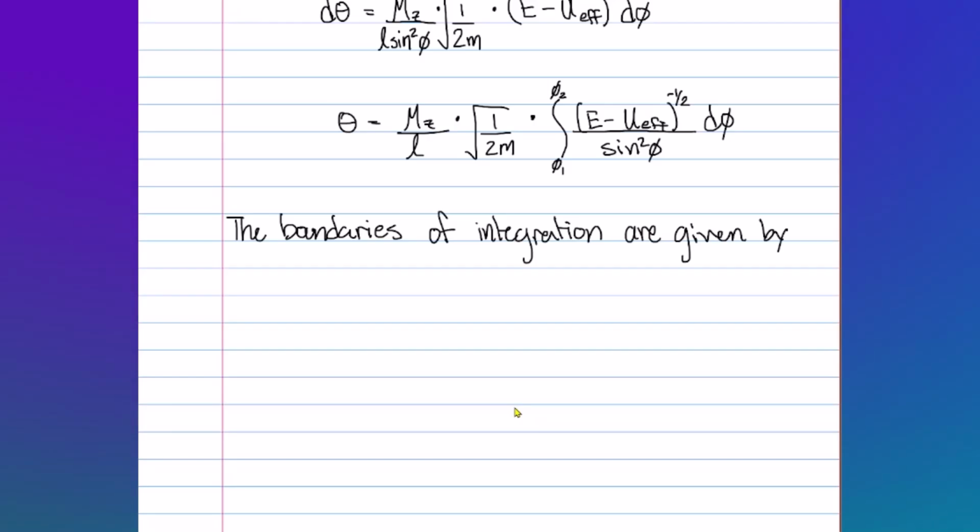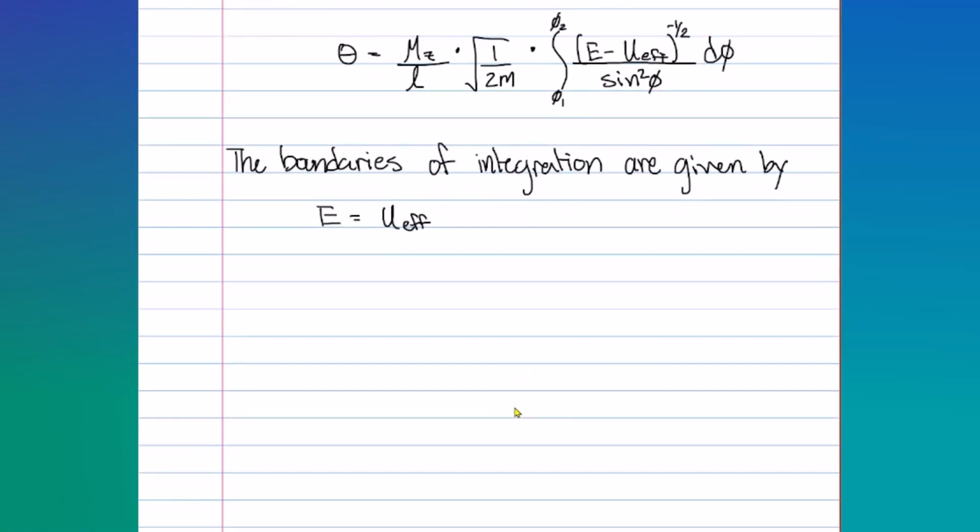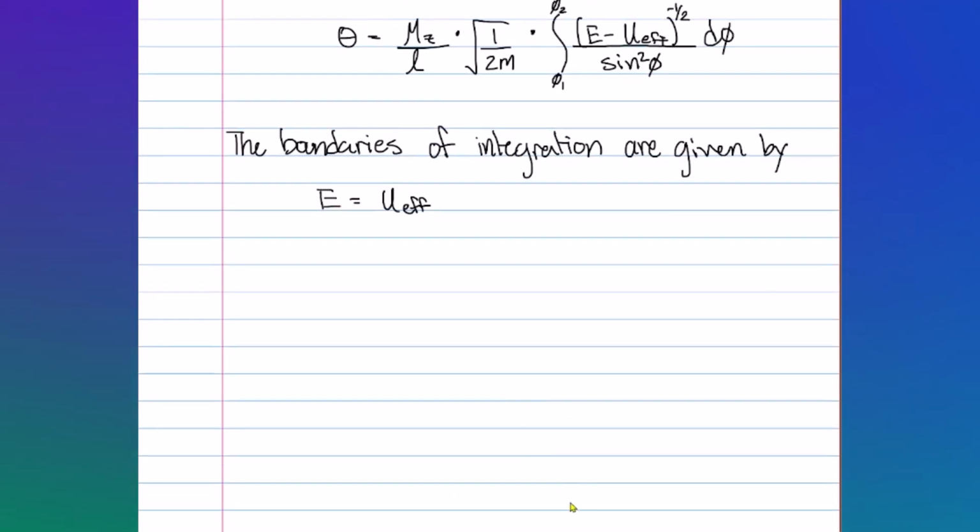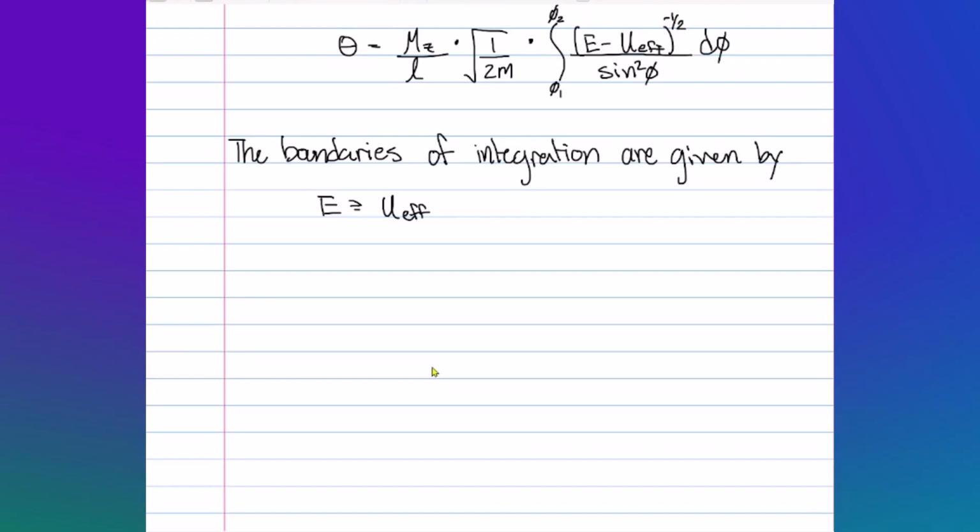Phi determines how high the pendulum has swung, and so it's bounded by the energy. So the energy is equal to U effective when the pendulum is at the boundary.